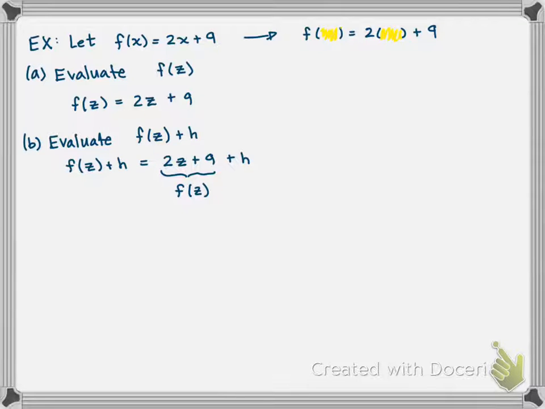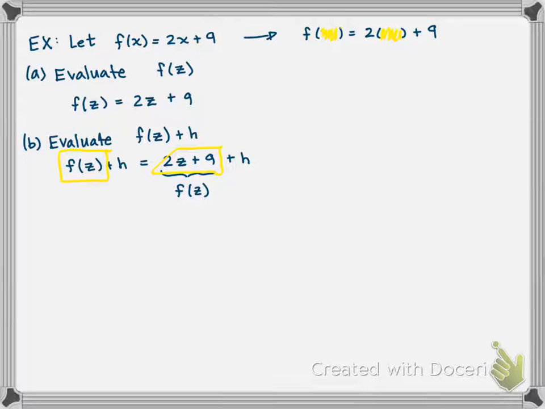Yes? So wouldn't it be a minus h, 2z plus 9 minus h? So you're thinking of solving, but we want the left side and the right side to be exactly the same. So f of z is 2z plus 9, and so f of z plus h is that plus h.